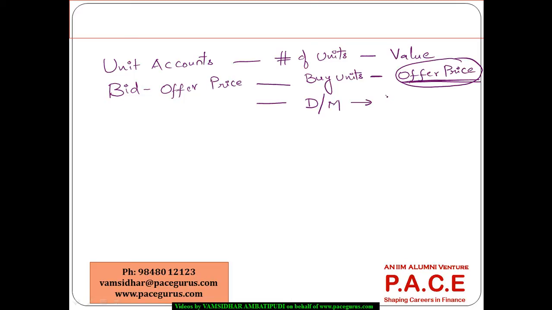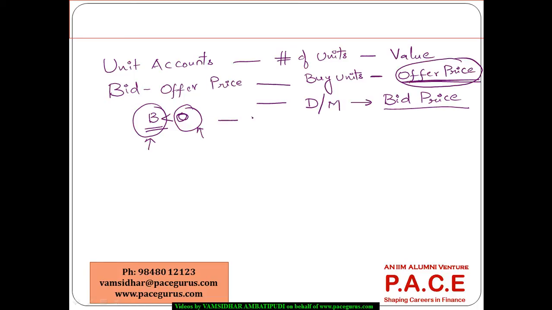The price at which it is going to buy back is the bid price. And traditionally, bid price will always be lesser than offer price, because bid price is the price at which the fund will be purchasing the units from us. Offer price is the price at which we are purchasing the units from the fund. So at every period we are purchasing the units at a higher price, and we are selling back those units to the fund at a lower price.